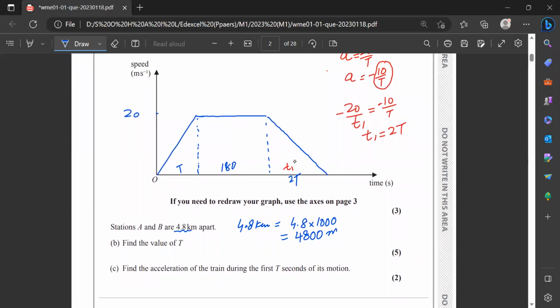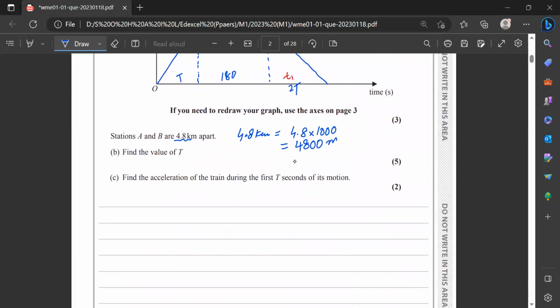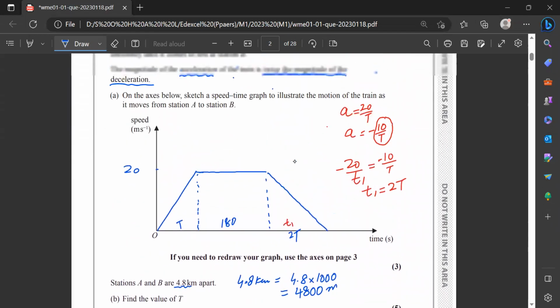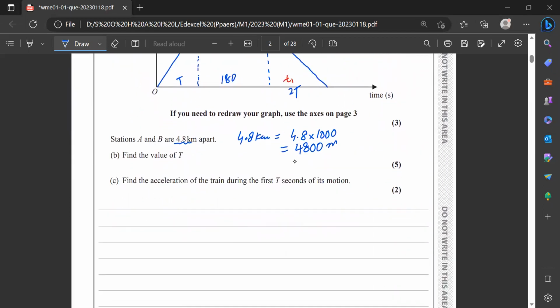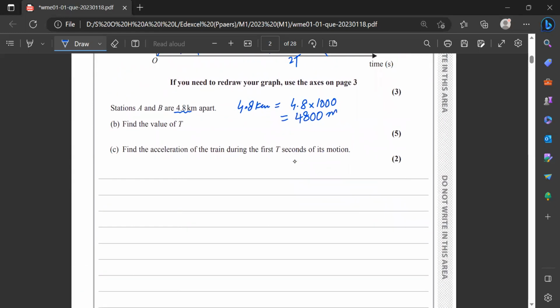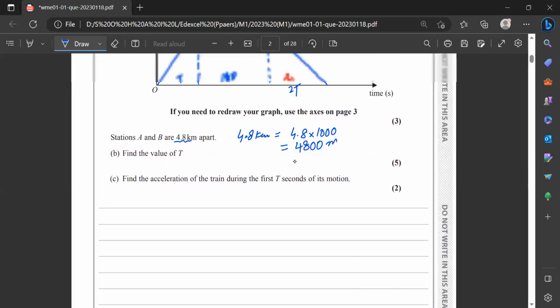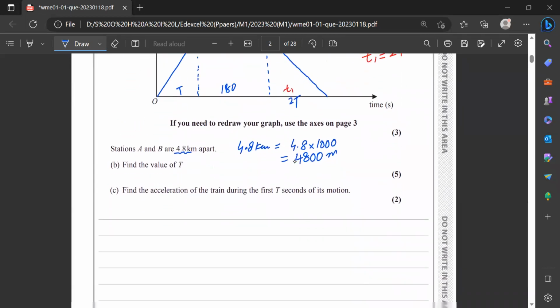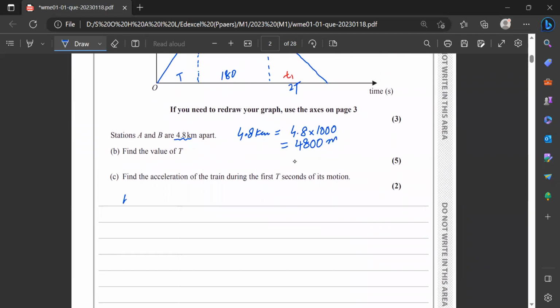Now, find the value of t. For part A, I can show that 3 minutes is 180 seconds, and I use this in the graph.